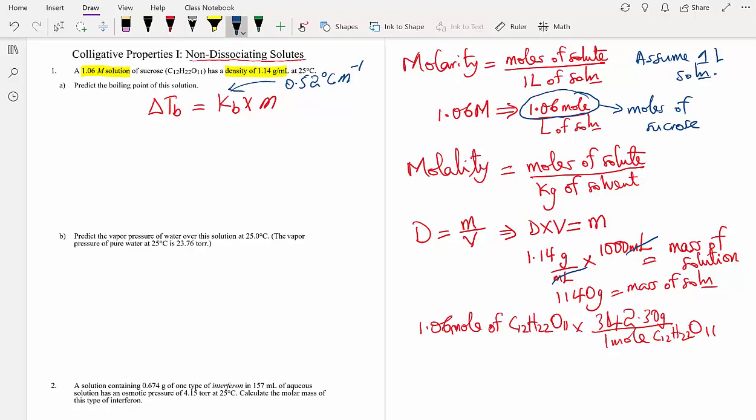If we cancel out moles of sucrose and we multiply 1.06 by 342.30, we should get 362.838 grams of sucrose.